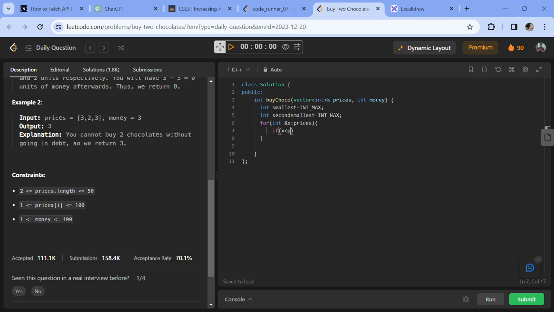If x is less than the smallest, we update the second smallest to the smallest, and the smallest to the current integer.